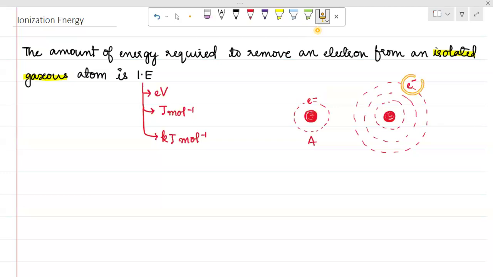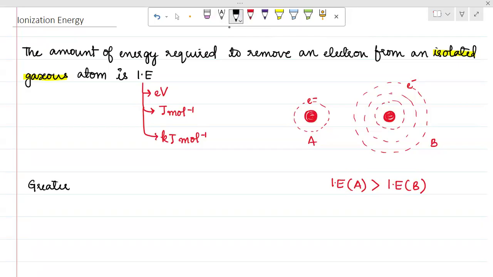While over here, this electron is very far away from the nucleus, and there is a lot of screening or shielding happening, and hence this is loosely bound in case B. So the energy which is required to remove the electron from A is definitely going to be higher than the energy required to remove the electron from B. The higher the value of the ionization energy, the greater the difficulty.